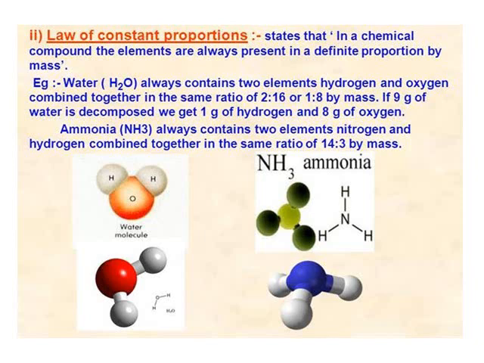The atomic mass of nitrogen is 14 and that of hydrogen is 1. Here 3 atoms of hydrogen are there, therefore 14:3 by mass. So this is how the law of constant proportion is explained. So what is the statement? In a chemical compound, the elements are always present in a definite proportion by mass.